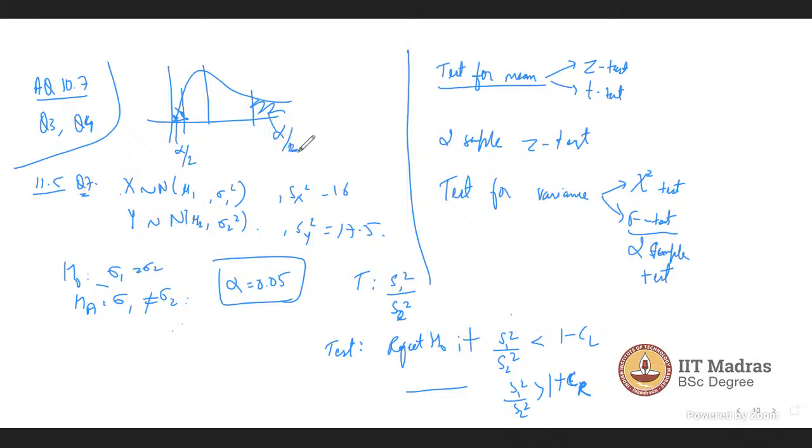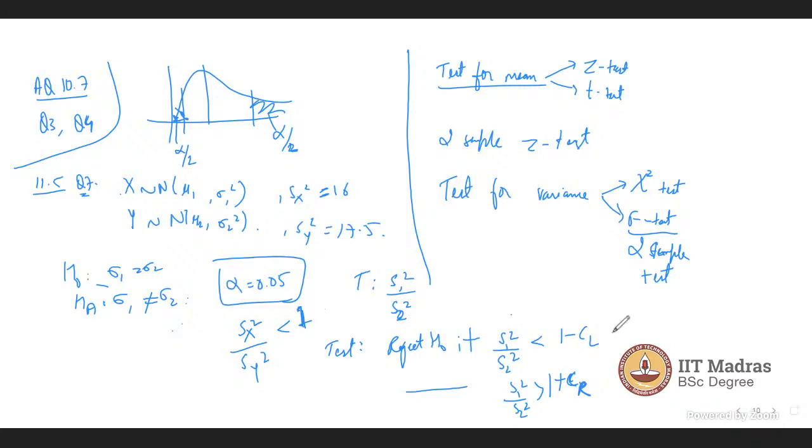So if I'm taking my test statistic to be S1 square upon S2 square, whatever you have observed, Sx square to be 16 and Sy square to be 17.5, if you do Sx square upon Sy square, you will get it to be less than 1.